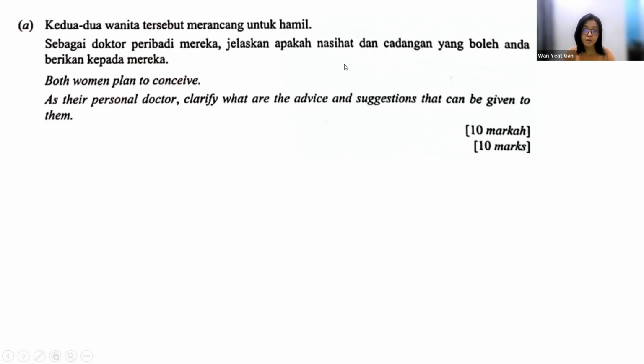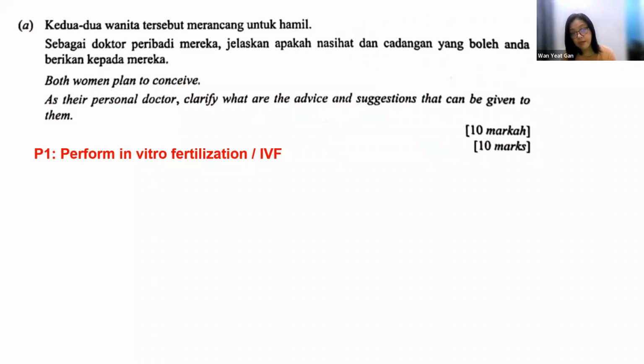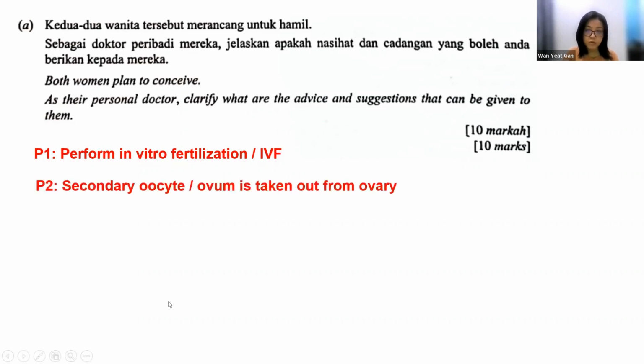So what is the suggestion you can give to both women? Okay, so the best way would be to perform IVF. Now, IVF is called in vitro fertilization. So what we do is we take out the secondary oocyte from the ovary.